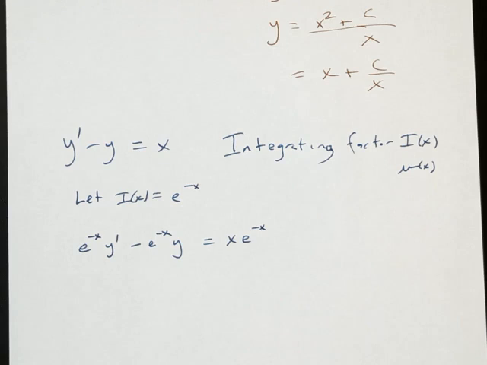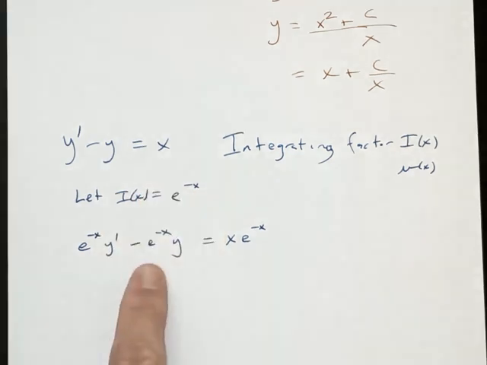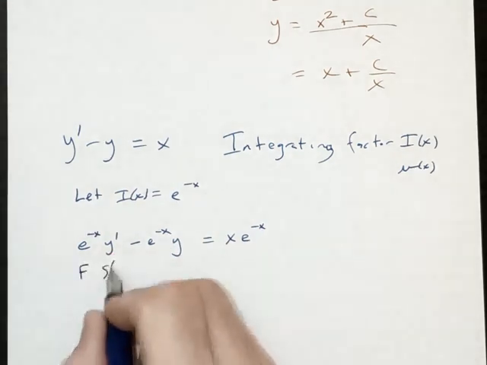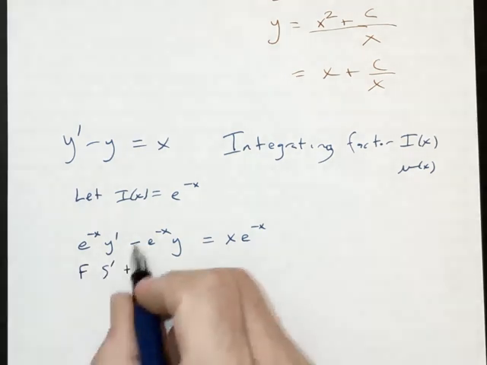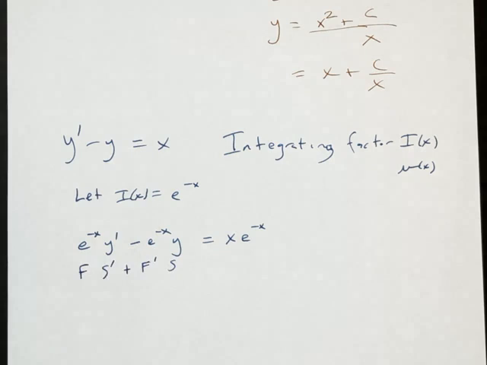What is the derivative of e to the minus x? Minus e to the minus x. And the derivative of y is y prime. So this is first times the derivative of the second plus, because the minus sign goes with it, derivative of the first times the second. The left-hand side is a product rule.